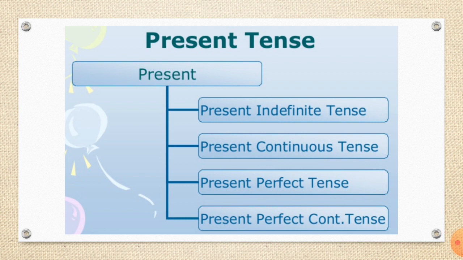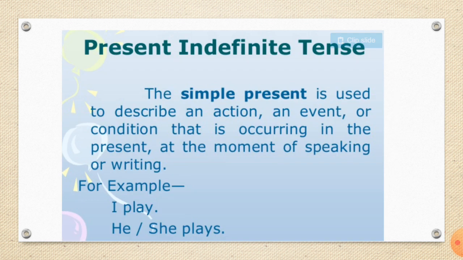Now we will see the uses of present tense. Present indefinite tense. The simple present is used to describe an action, an event, or condition that is occurring in the present at the moment of speaking or writing. For example, I play, he or she plays.